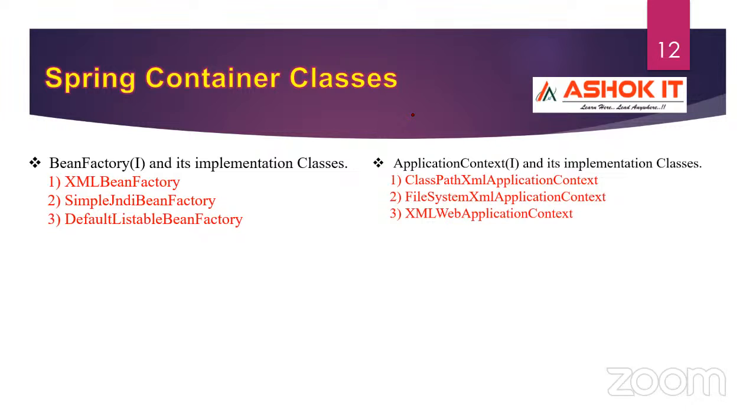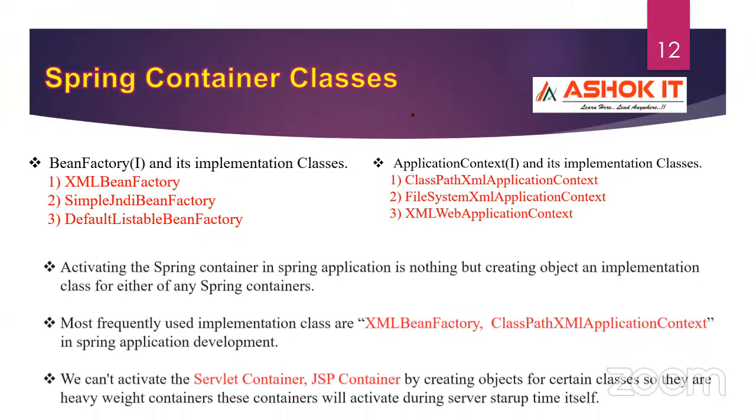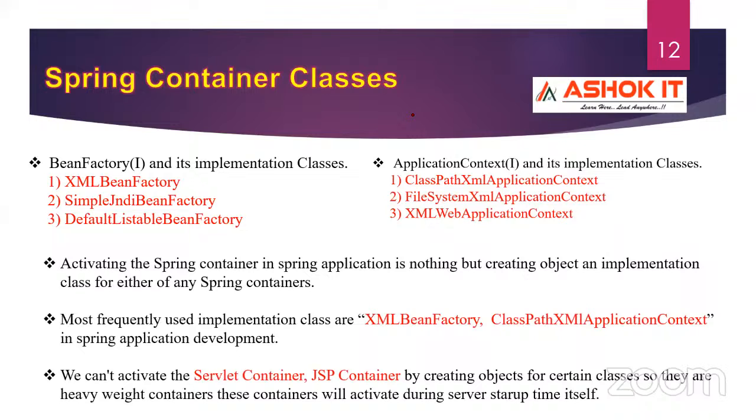This is the most important point. Once you create an object of these implementation classes, only then the Spring container gets activated in your Spring application. Activating the Spring container is nothing but creating an object of an implementation class for either of the Spring containers.